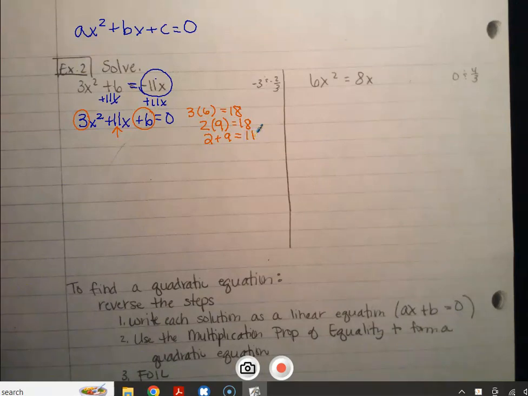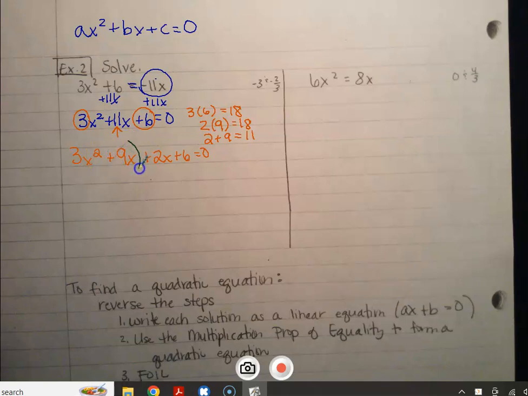So that's how I'm going to split that one up. I'm going to have 3x squared plus 9x, because 3 and 9 have a common factor, and then plus 2x plus 6 equals 0. You can put them in whatever order you want. I chose to put the 9 first because 3 and 9 have common factors.